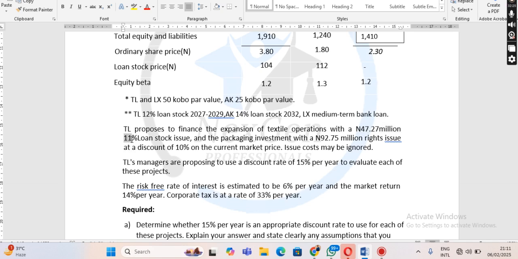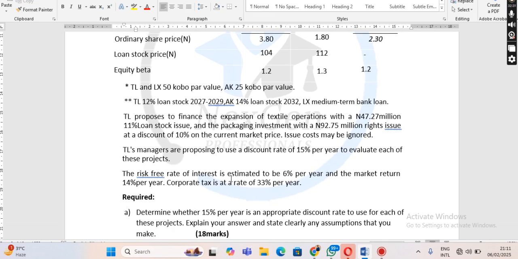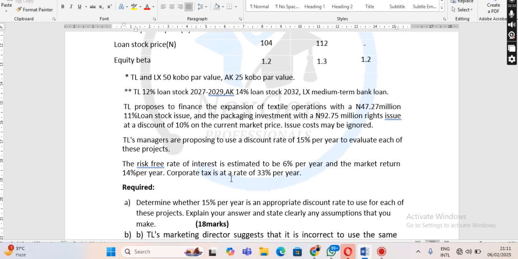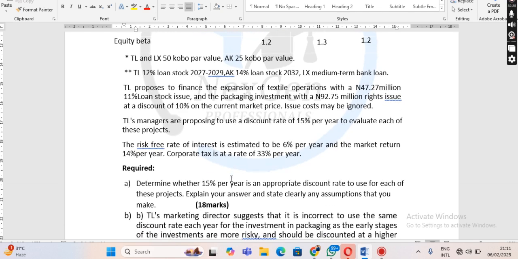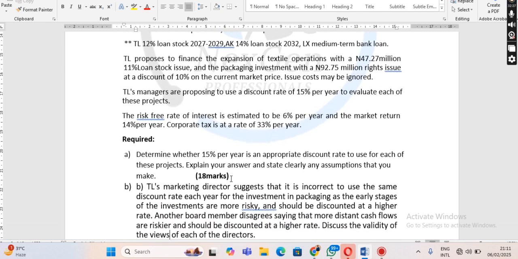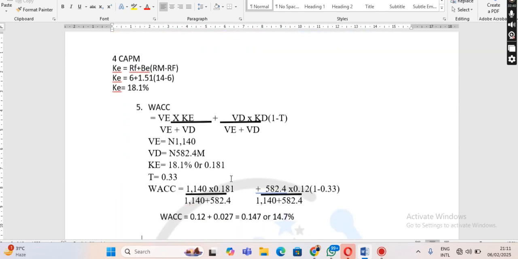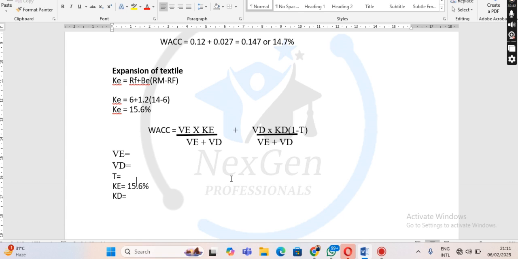And this is the cost of debt, which is 11%, class. Please take note of that. Just screenshot it so that if I ask a question, we will. Okay, 47.275 for the market value of debt, right?